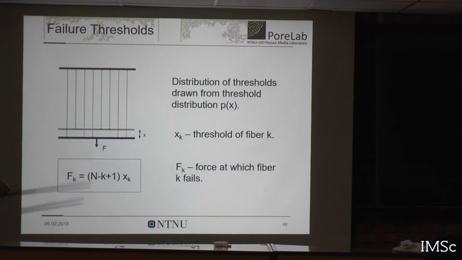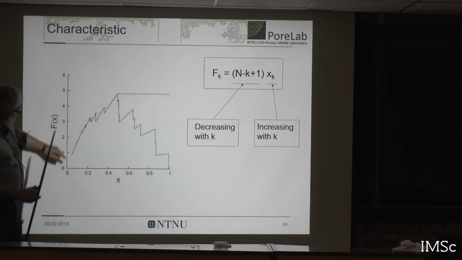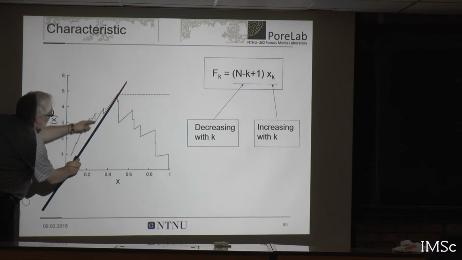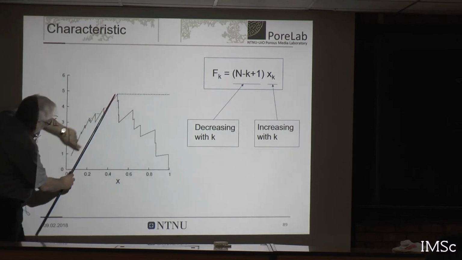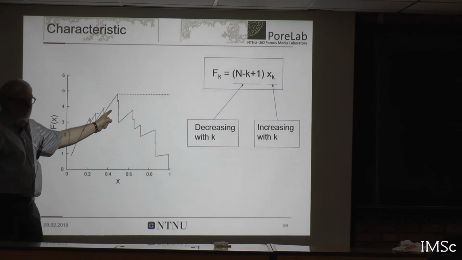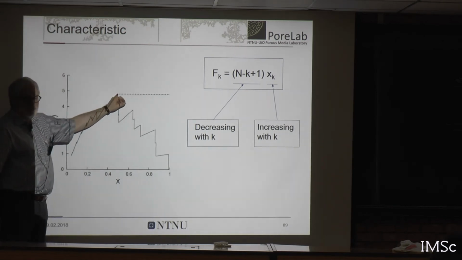So that's the essence of the model. And if you now plot f as a function of x, you see these are all straight lines going through the origin. This is the linear elasticity until a fiber breaks.